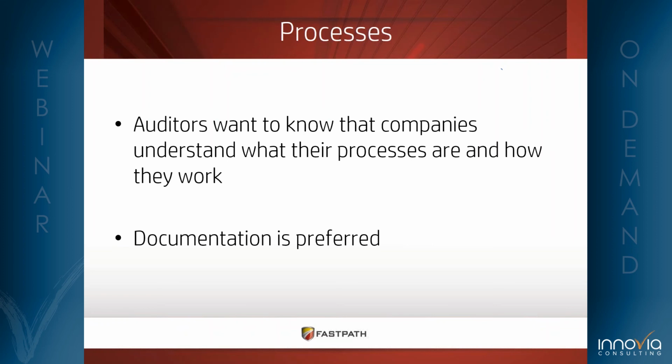And when we say documentation is preferred, there's many ways to do business process documentation. It could just be a handbook. You could use what we commonly refer to as swim lanes, which basically takes you through what each responsibility is and then what those tasks should be that are assigned to those responsibilities. You can use Visio, things like that. There's lots of tools out there to help you with that documentation.